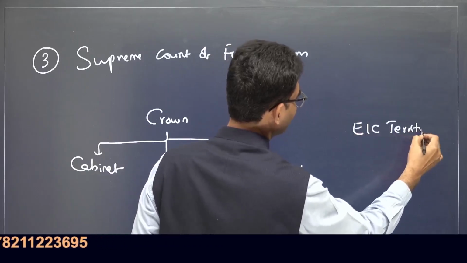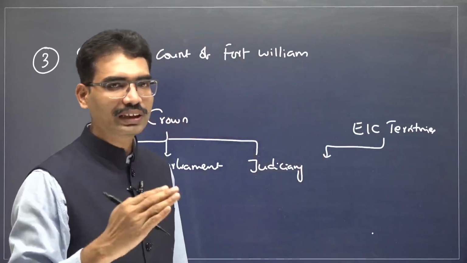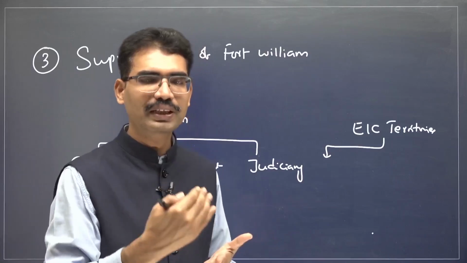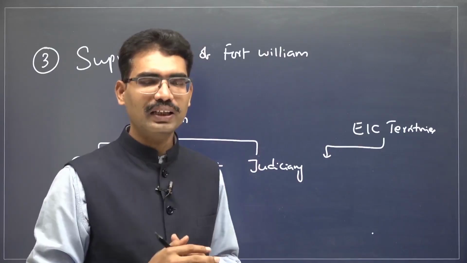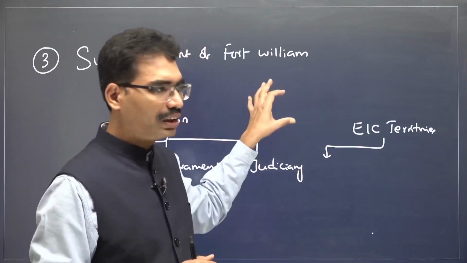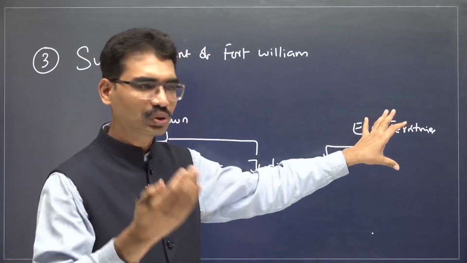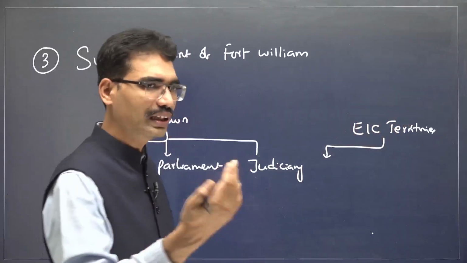Here you have to consider East India Company territories. By 1770, East India Company did not capture the entire India. Still, the Maratha Empire is there. Punjab is about to become a very powerful empire under Ranjit Singh. Still, many parts of Mysore under Hyder Ali and Tipu Sultan, they are having their own jurisdictions. They are having their own system. Kings used to rule in their own way.